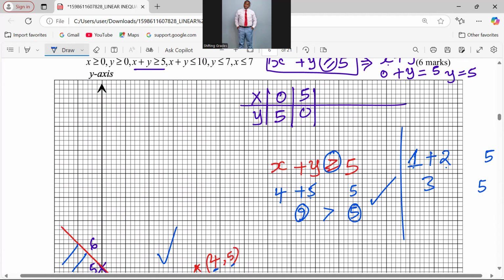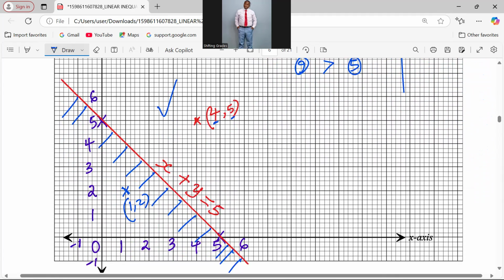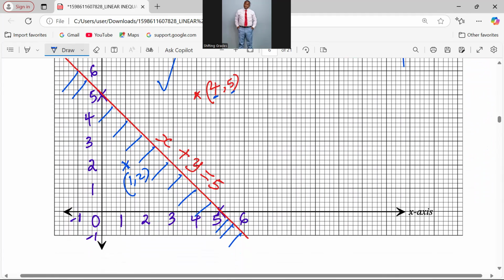When you compare 3 and 5, you discover that 3 is less than 5. The inequality used here is greater than. Therefore, the coordinate we picked is not agreeing with the inequality used, so this side is not to be shaded. It is the wrong one, confirming that truly it was not the wanted side.